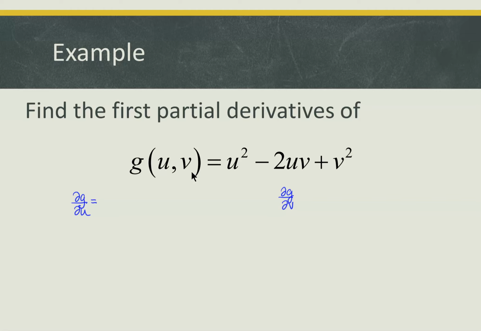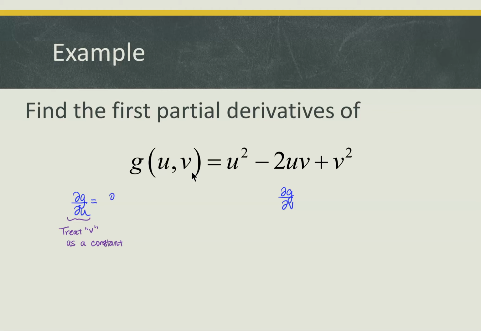Now, recall that when we define these partial derivatives, when I'm doing this partial derivative with respect to u, we treat the other variable as a constant. So we're going to treat v as a constant in this case. And I'm going to be a little explicit about this so that we're very clear.